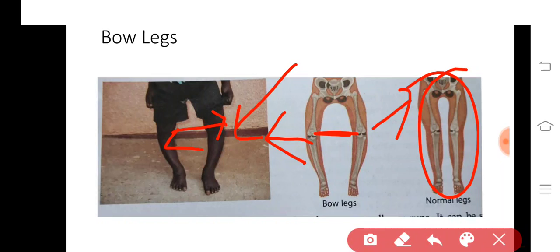It can be seen in certain diseases like Blount's and Paget's, but is commonest in deficiency diseases such as rickets. The leg may be termed a bow leg.